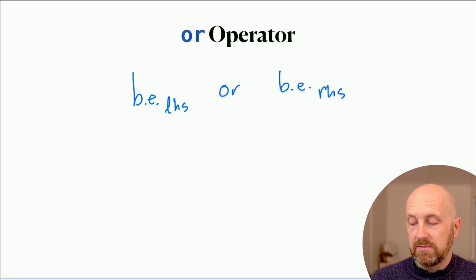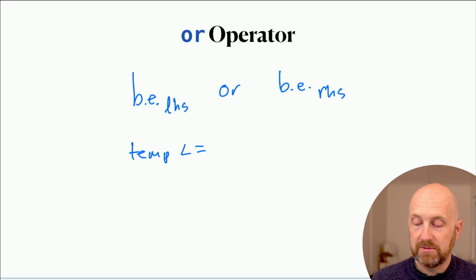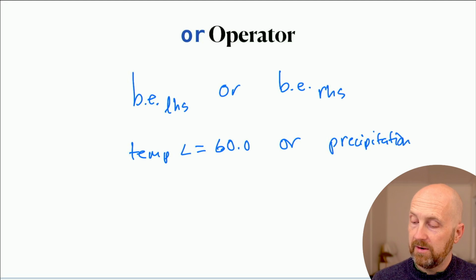An example of this is maybe if it is cold. So let's say if we have a temperature variable, if temperature is less than or equal to, say, 60, or precipitation greater than 0, then we want to bring a jacket, right?